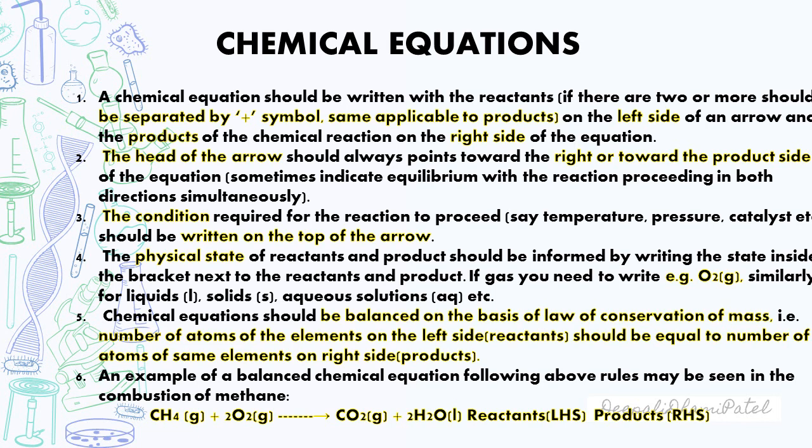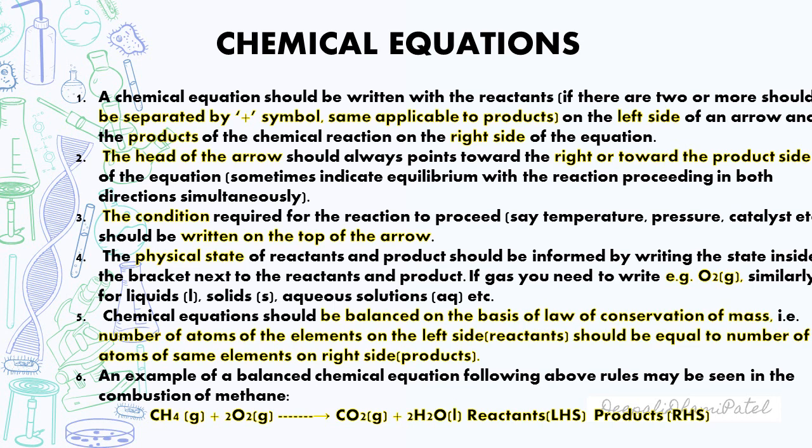If it is a gas, you need to write, for example, O2 in brackets (g). Similarly, for liquid (l), solid (s), aqueous solution (aq), etc. The chemical equation should be balanced on the basis of the law of conservation of mass, that is, the number of atoms of each element on the left side, the reactants, should be equal to the number of atoms of the same element on the right side, the products, which you will understand when we do the next topic, balancing chemical equations.